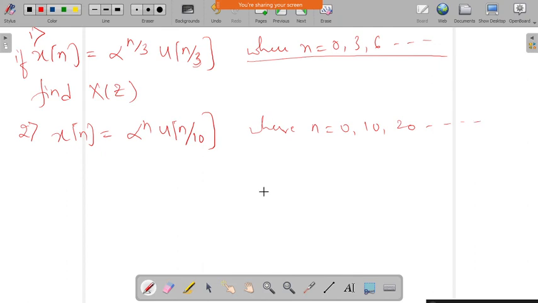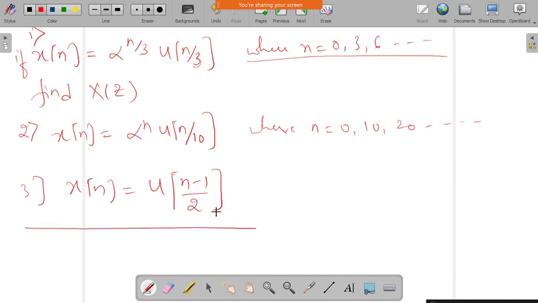This is the second problem. And one more, try this one: x of n equal to u of n minus 1 by 2. Here you need to be a bit careful. n equals 1, 3, 5. Apply the scaling and time shifting properties and you can get this.